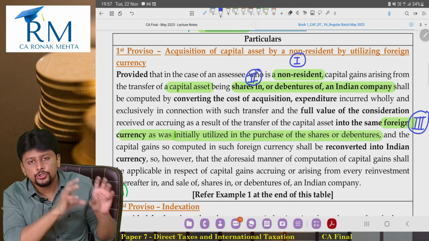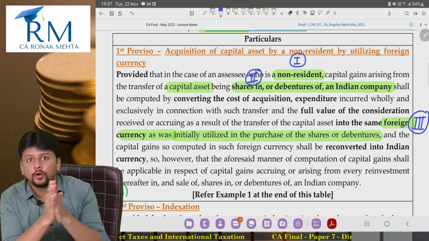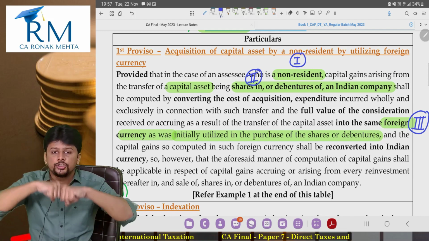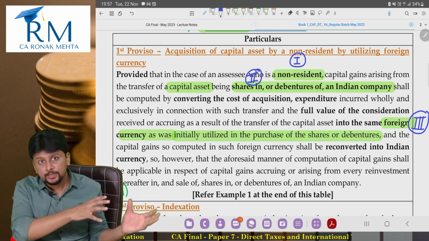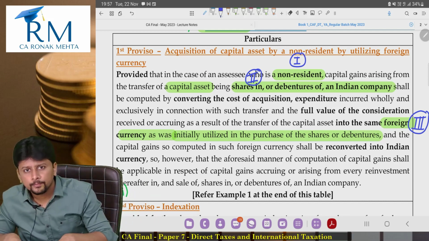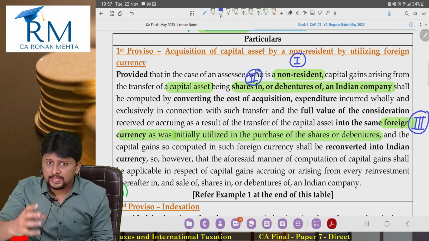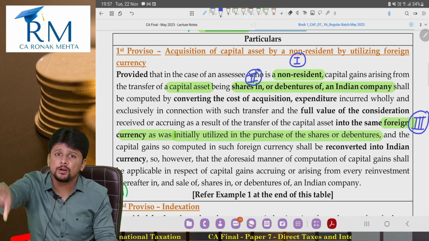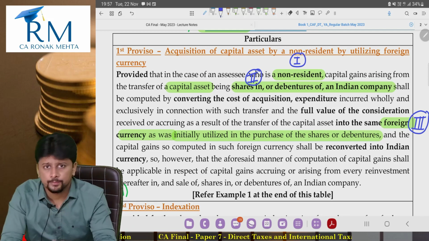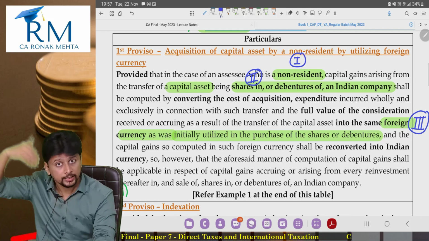He has utilized foreign currency for acquiring these shares. That means he brought foreign currency into India. Then it got converted into Indian rupees, and then he used those rupees to acquire the shares or debentures of an Indian company. Then later on he sold it.